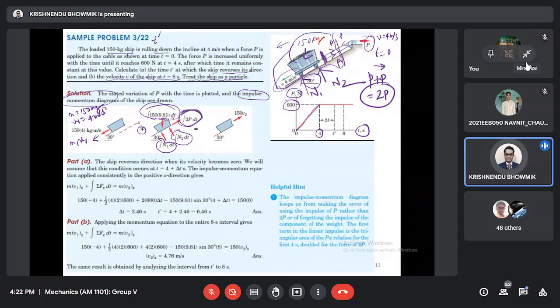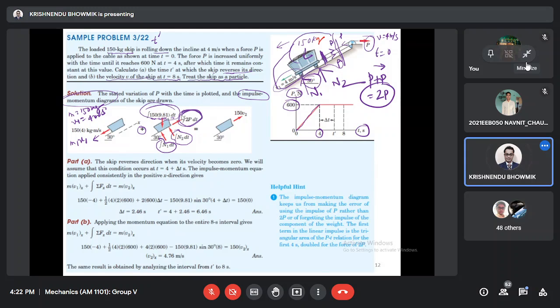So what we have drawn is the impulse momentum diagram. It is not a free body diagram. Instead of a free body where forces are involved, here impulse and momentum are involved. So it is an impulse momentum diagram. It says initially m1 v1 plus impulsive forces and self weight equal the final one. What is the final one?